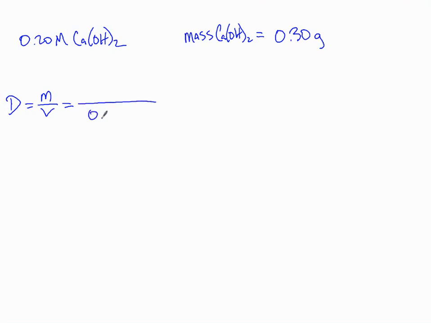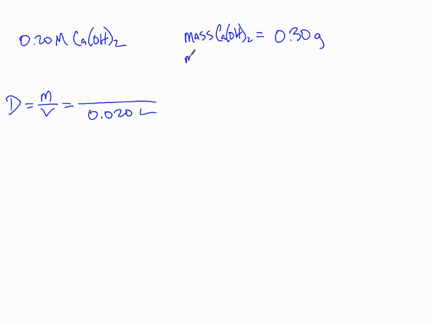So let's stick in some numbers. Volume goes on the bottom. Now, it's not as cut and dry as saying the mass of calcium hydroxide divided by the volume of the solution. So there's a lot of water in here.